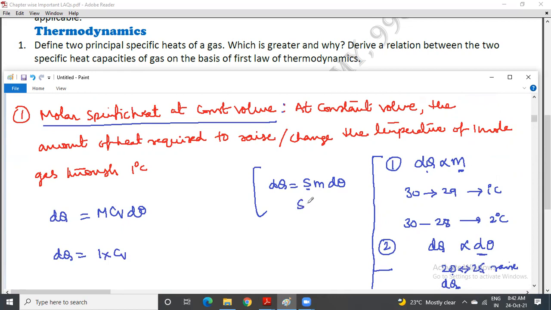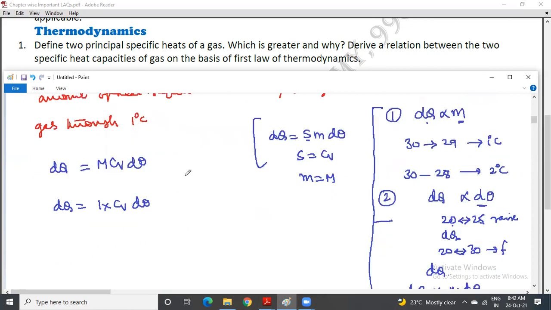So now S is Cv, and M is 1 mole of gas. If it is n moles, you can take M as equal to n. So Cv is equal to dq by d theta, for 1 mole of gas.